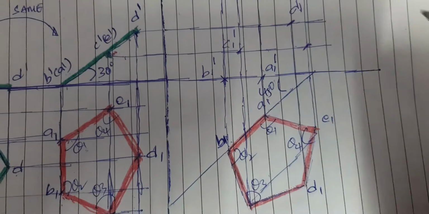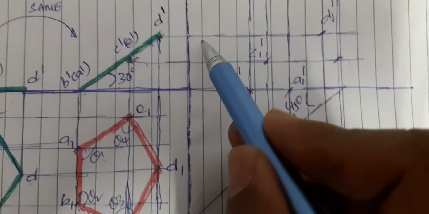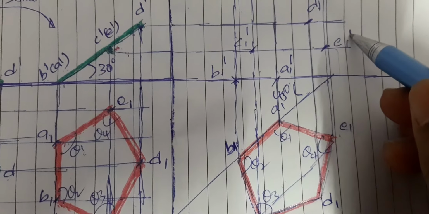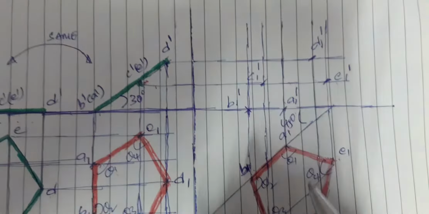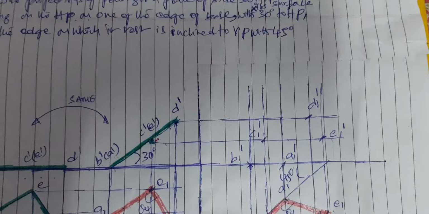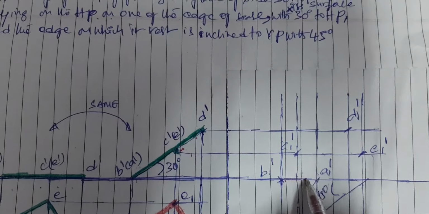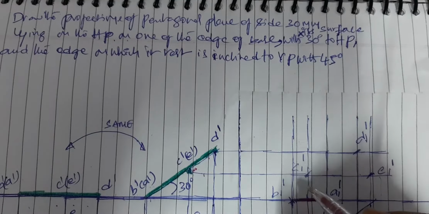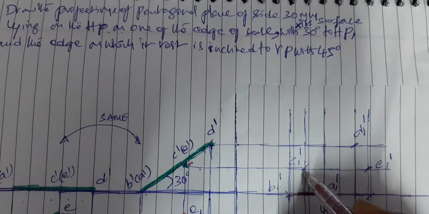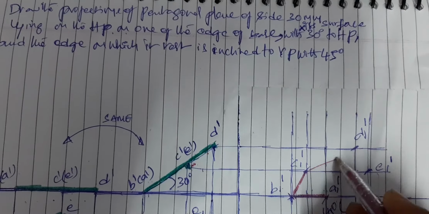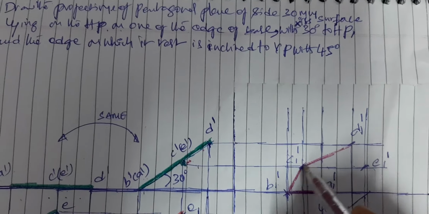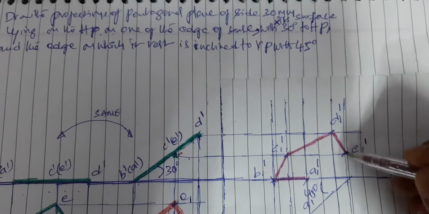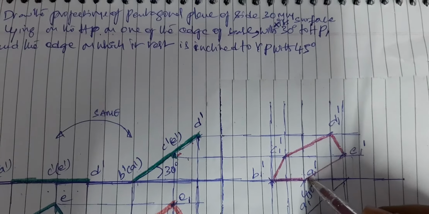Next, the last one: the vertical line drawn from E1 and the horizontal line drawn from E dash intersect here. E1 dash. Now after getting these points, you join A1 dash with B1 dash, B1 dash with C1 dash, C1 dash with D1 dash, and next D1 dash with E1 dash, and E1 dash with A1 dash.